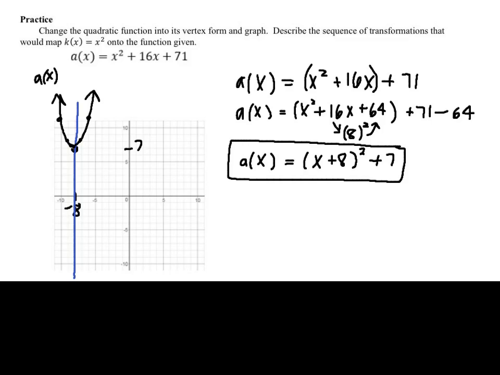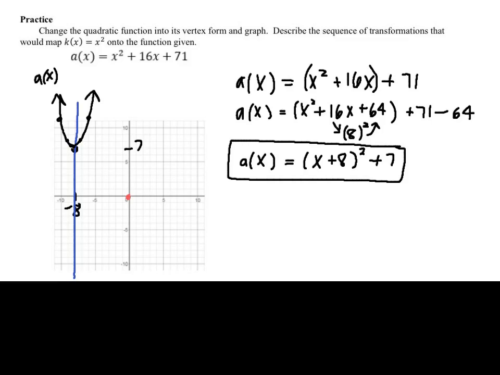What you're asked to do here is to describe now a sequence that would map the original function k of x equals x squared onto the function given. So what I'm actually going to do is graph the original function x squared. So my vertex is at 0, 0.